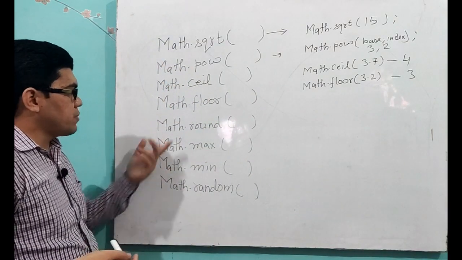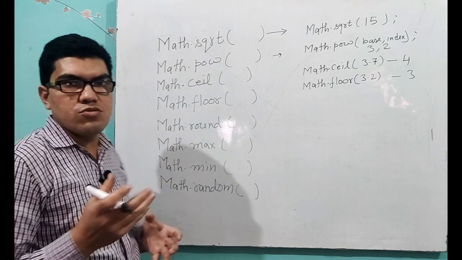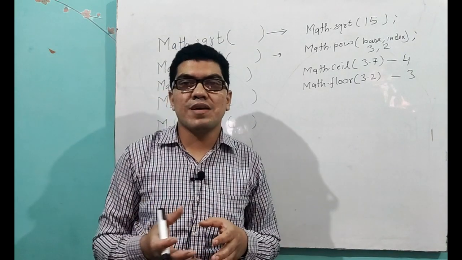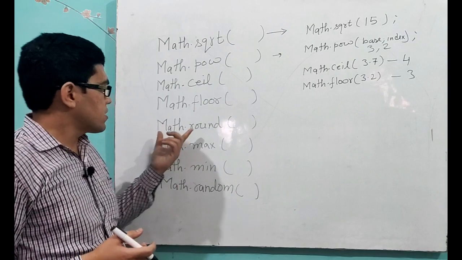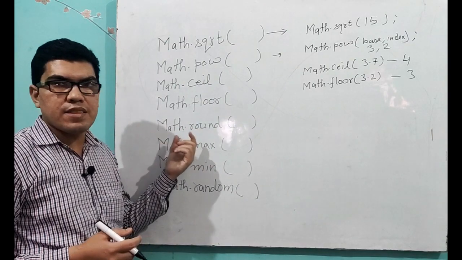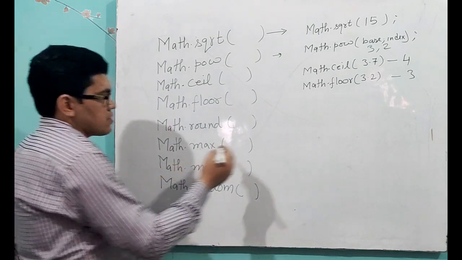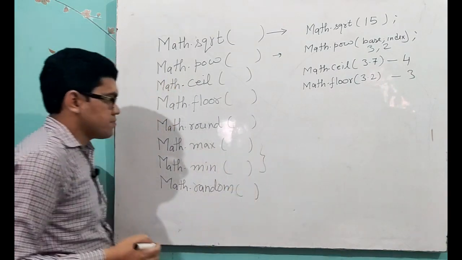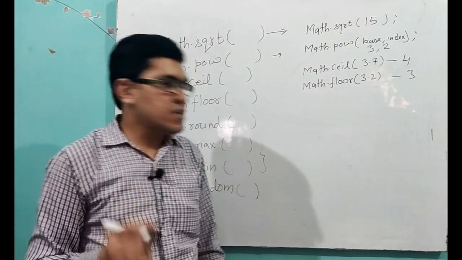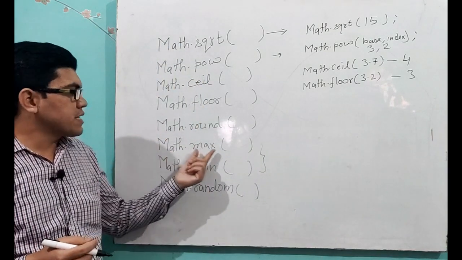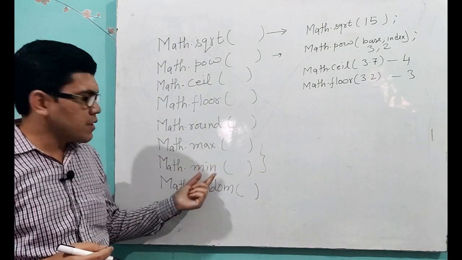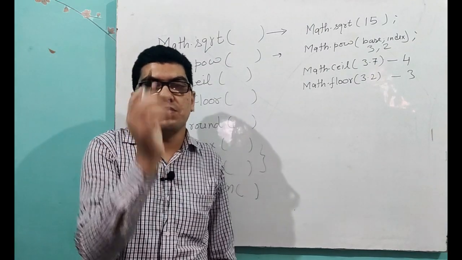The next function is Math.round. As you all know rounding off in mathematics, the same thing you can do here by using the Math.round function. Next functions, max and min. These functions are used to calculate the maximum or minimum of two numbers.